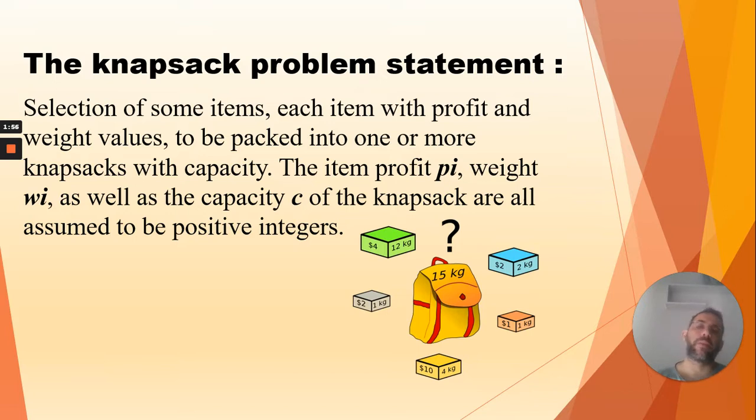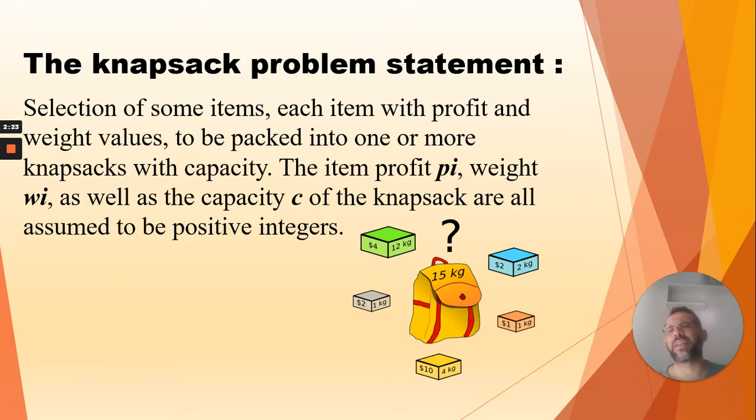So in the beginning, we have to know the statement of the knapsack problem. The statement says that selection of some items, each item with the profit and weight values, to be packed into one or more knapsacks with capacity. The item, profit, weight, as well as the capacity of the knapsack are all assumed to be positive integers.